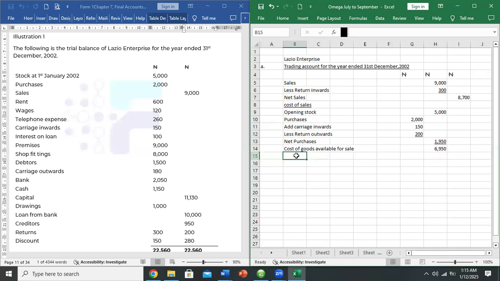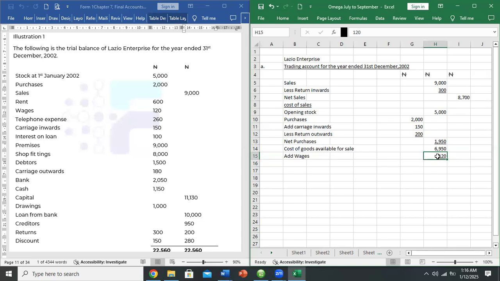And since you don't have closing stock, you continue to add your wages, which is 120. So I demonstrated earlier so that you would appreciate that if you had your closing stock, that's what you would have done.